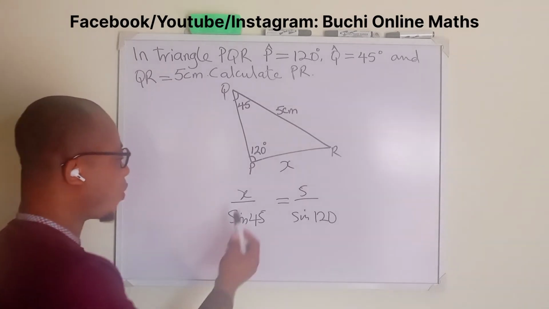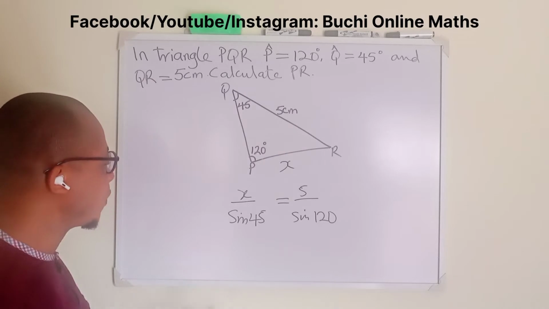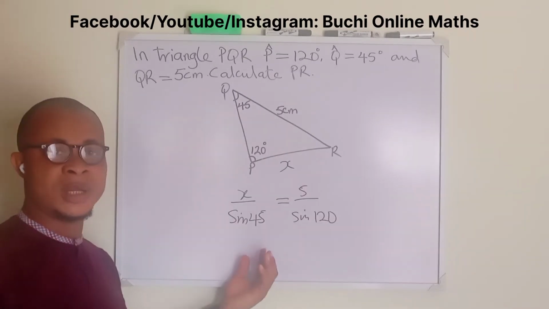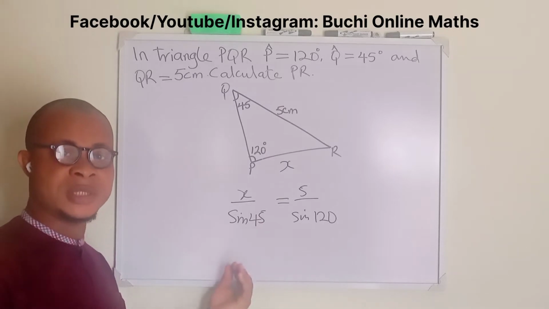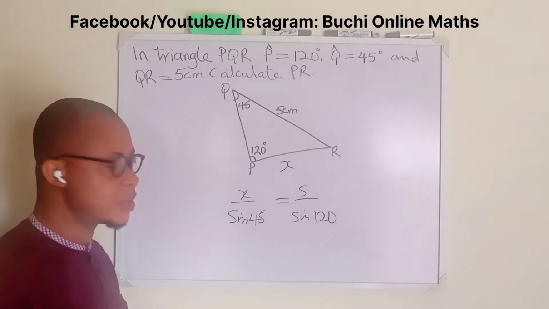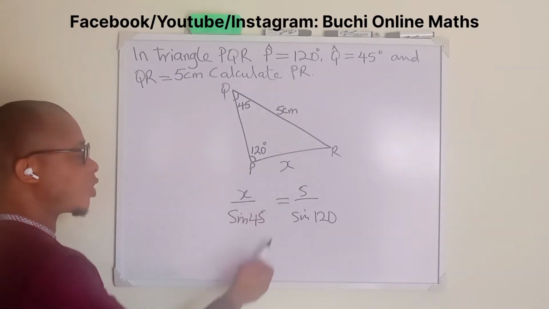Okay, we are looking for X. So what we'll do now is to make sure that X becomes the subject of this formula, that is, to bring out X so that we can find its value. To do this, we are going to cross multiply.